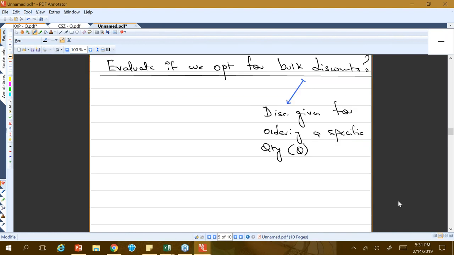So what are we going to do here? Well, we are going to compare the total cost when EOQ with the total cost in the quantity of bulk discounts.